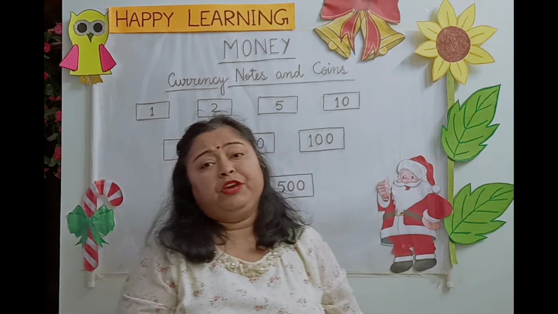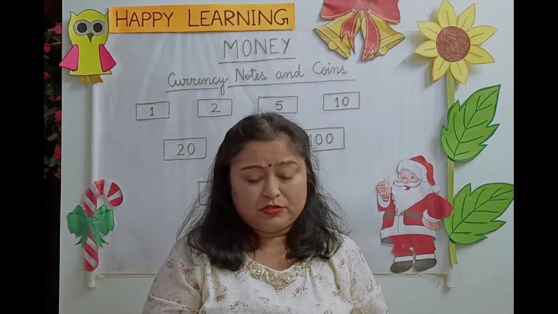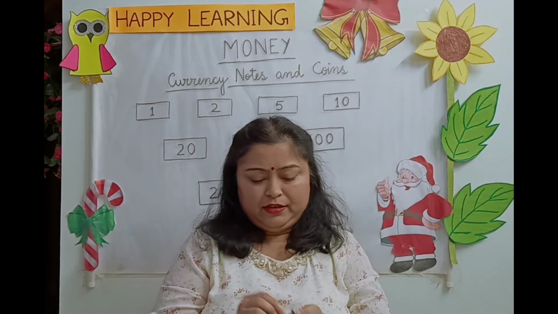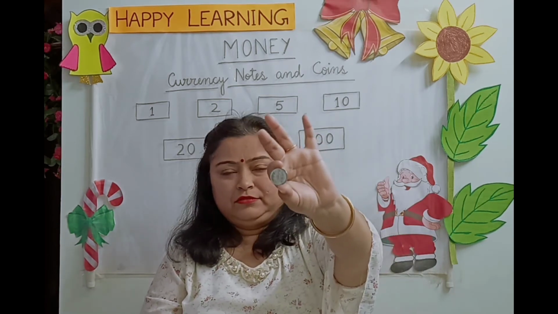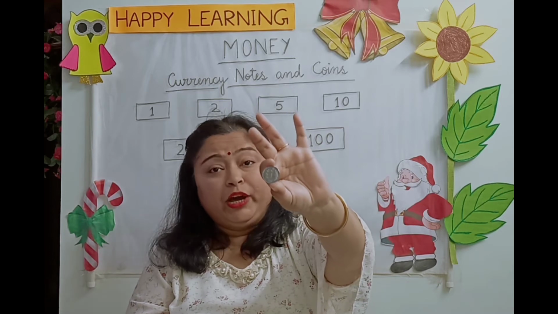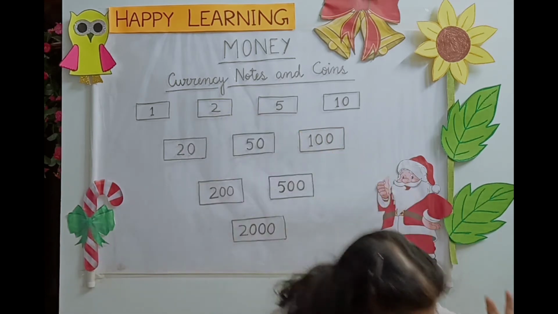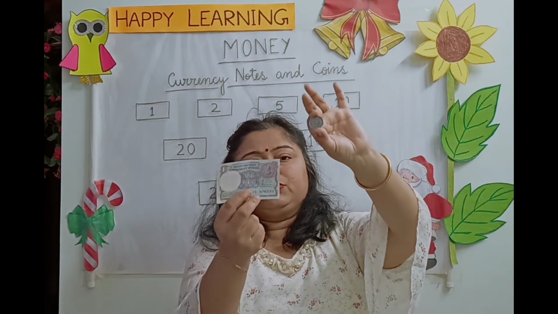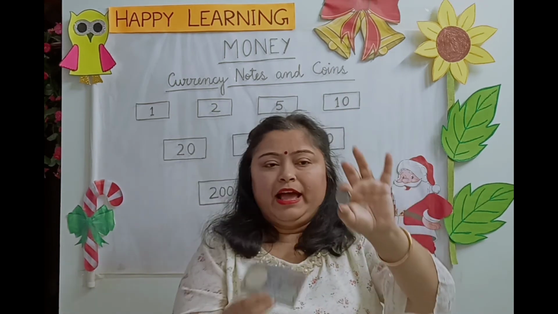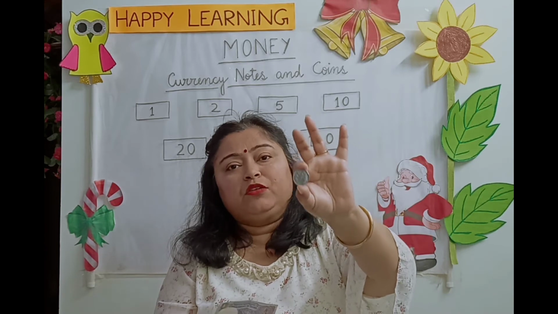Now see, we use some coins also. See, this is rupee 1. This is a 1 rupee coin. This is a note. See, this is a 1 rupee note and this is a 1 rupee coin.